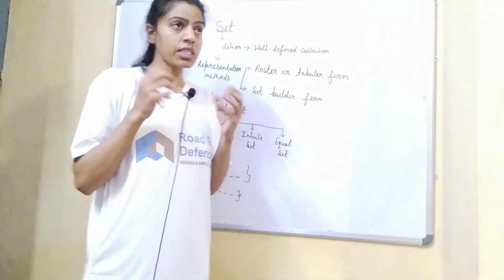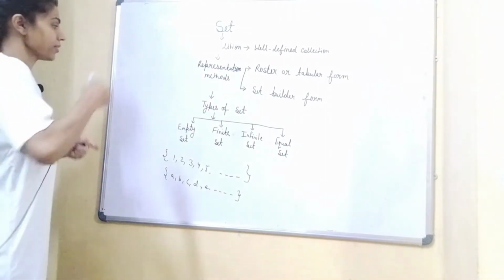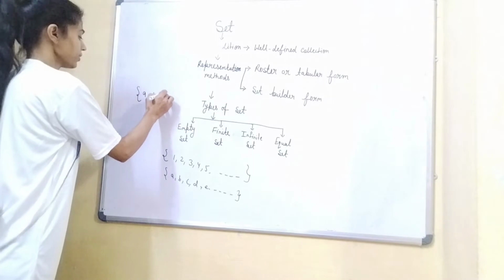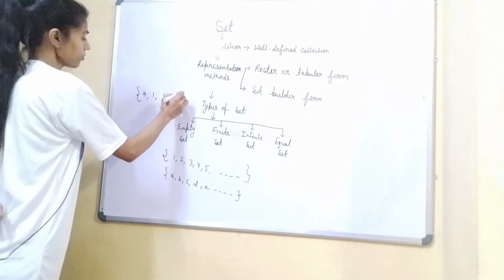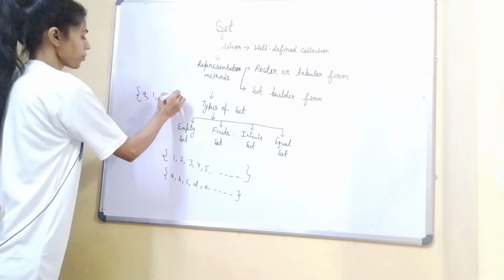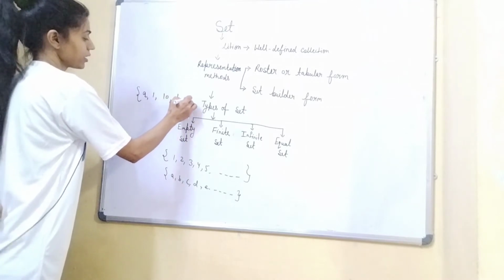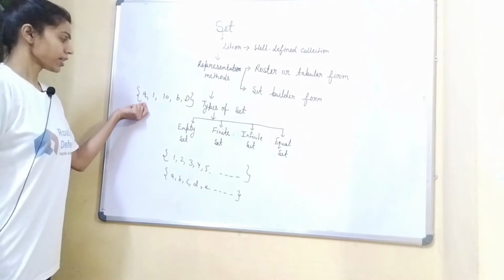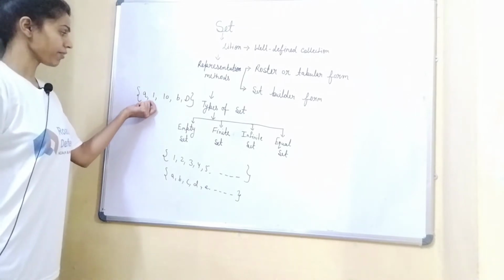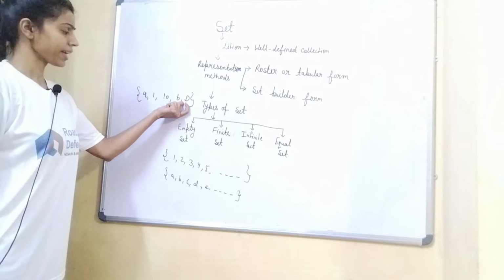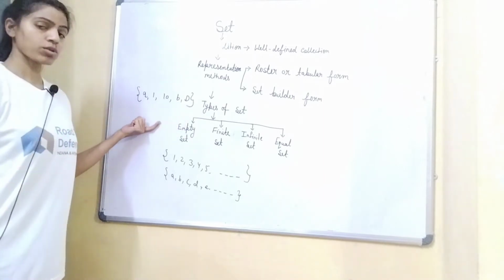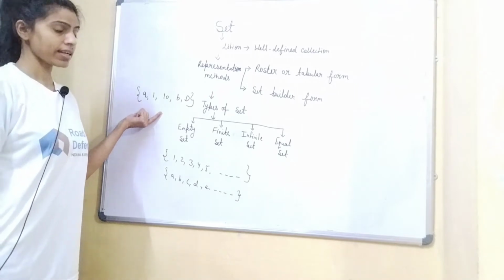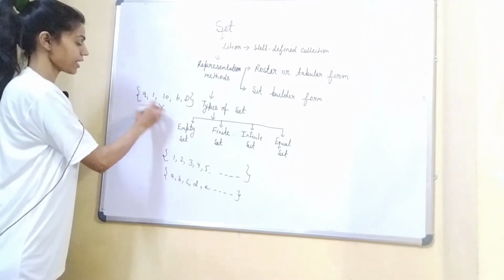No. Suppose, students, I am writing here small a, 1, 10, then B and D. So this is also a collection, right? According to my words, this should be a set. But students, this is not a set, right?